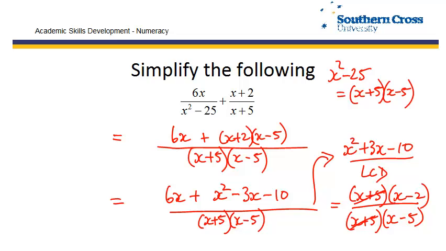So we get some cancelling here, and due to space restrictions our answer then is x minus 2 over x minus 5.